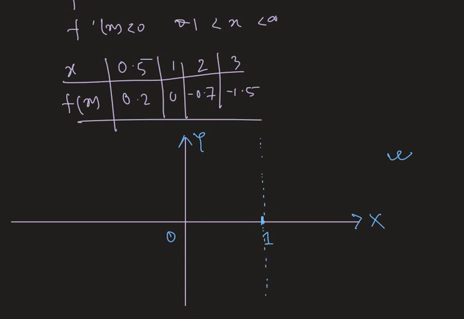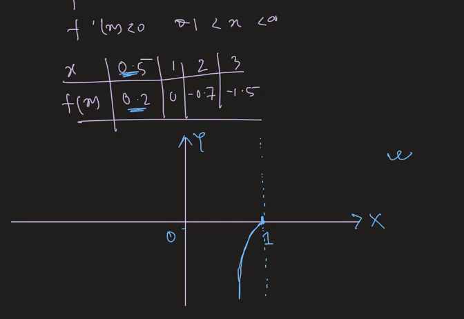As we can see, if the value of x is any value between 0 and 1, like 0.5, here we get 0.2 on the y-axis. So we get this type of graph.